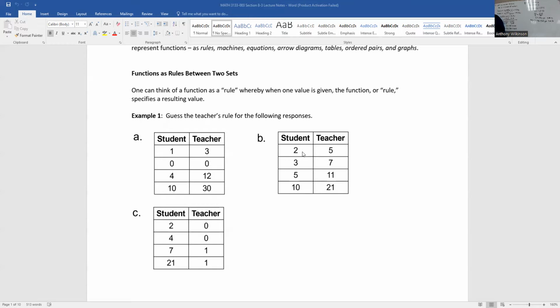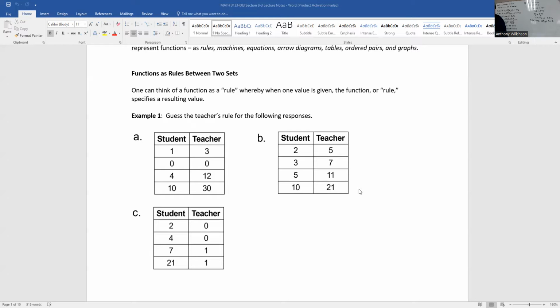All right, now what about this one? The student gives a number 2, the teacher says 5. 3, then 7, 5, 11, 10, 21. What do you think that would be? Well, not quite.